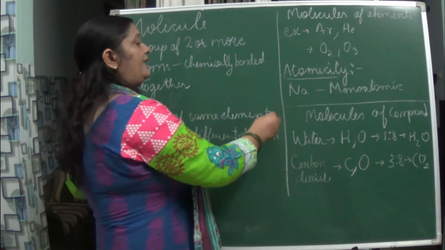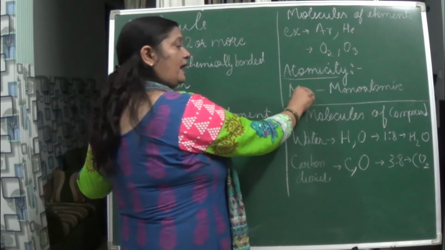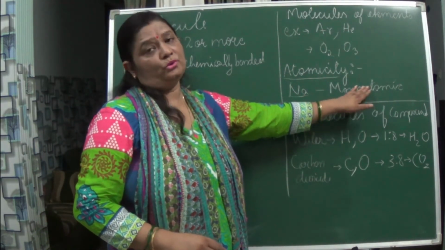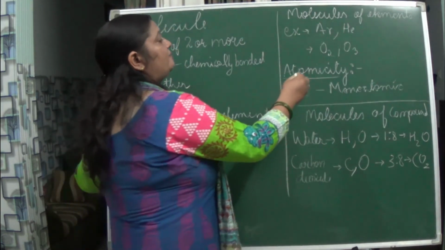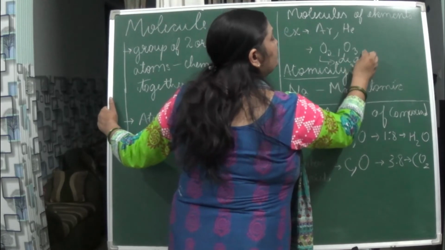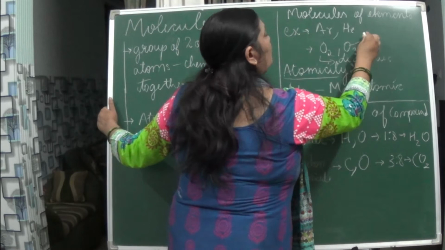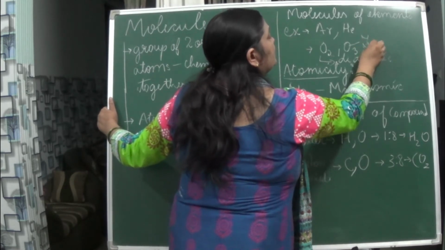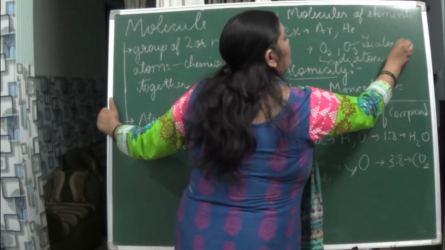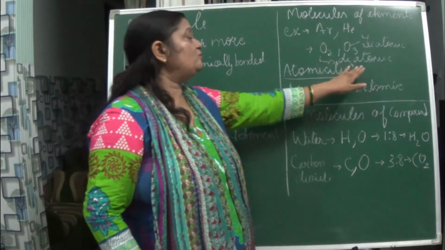But if I say Na, what is it? Only one atom of sodium is here, so we will say it is monoatomic. Like that, if I say O2, it will be diatomic, okay. If I say O3, it is triatomic. So the atomicity of O2 is 2, so it is diatomic.